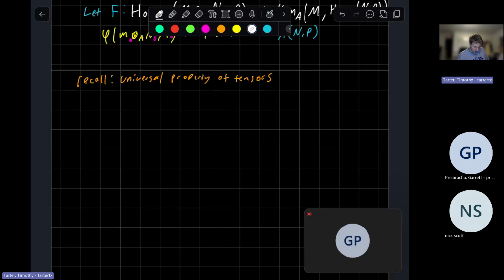Basically, M product N, T to the tensor product through A going down to T prime.